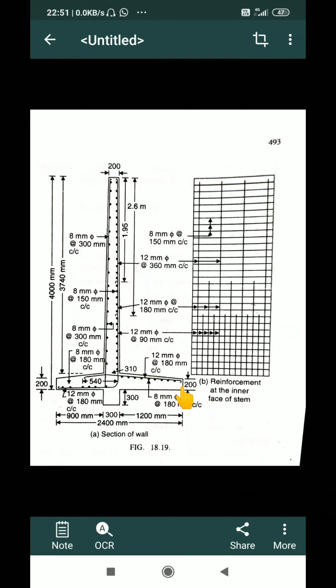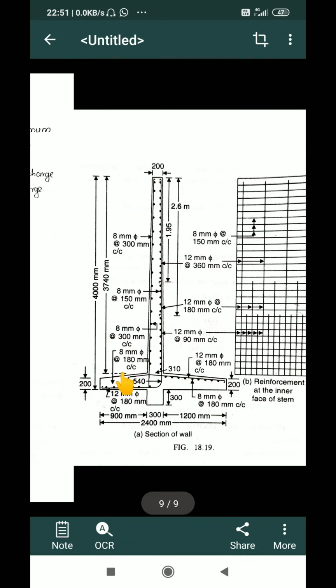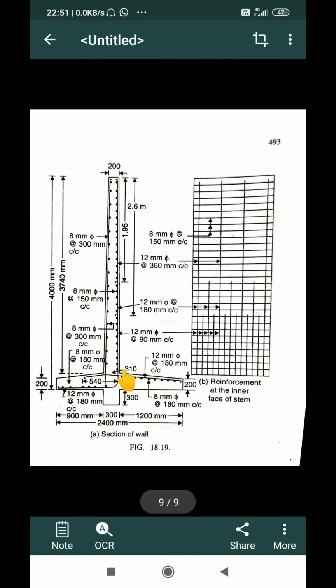So I'm not providing any reinforcement at the bottom, whereas I'll provide the full amount of reinforcement on the top. Here also I'll have main bars and distribution bars. I am providing 12 mm dia at 180 mm center to center as the main bar, and 8 mm dia at 180 mm center to center as the distribution bar.